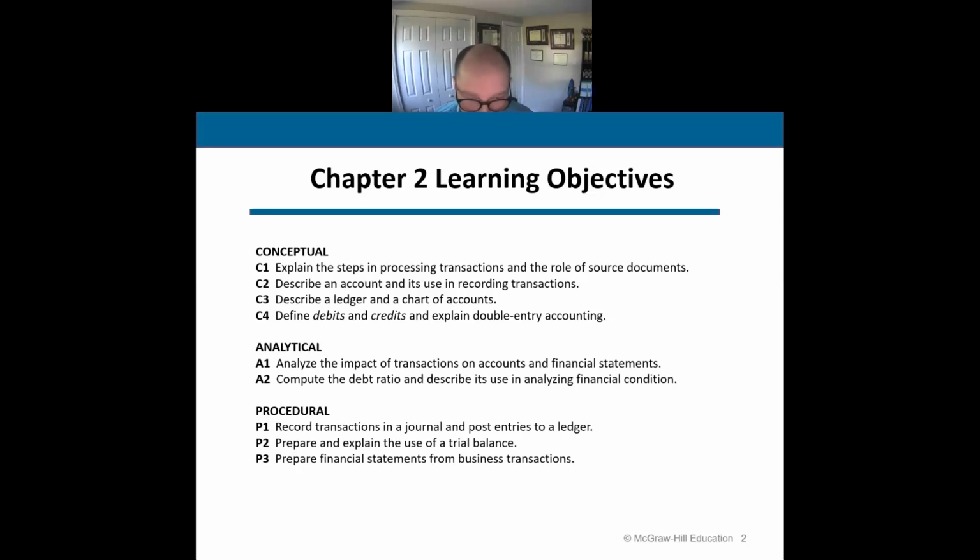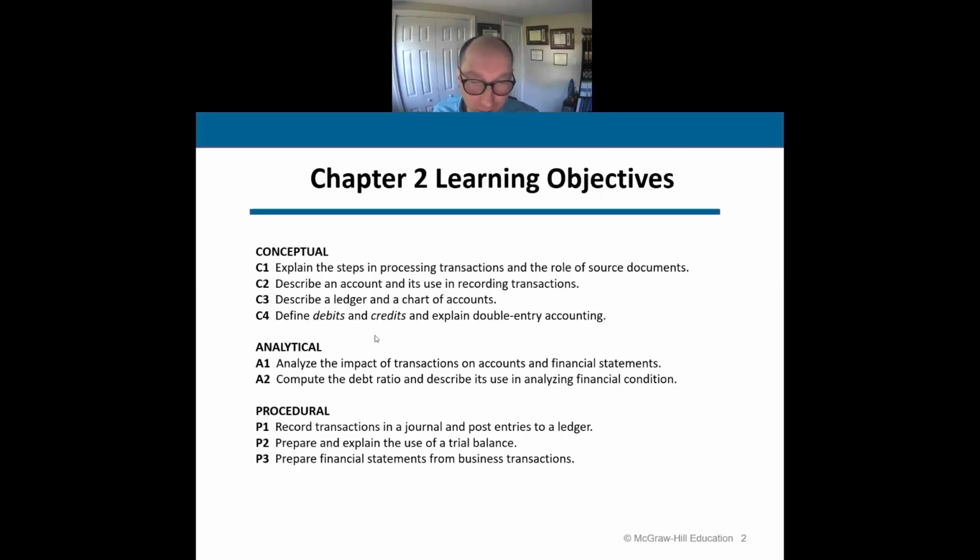And equity, which is the difference between assets and liabilities, which represents ownership, includes things like common stock, preferred stock, dividends, retained earnings, things like that, right? It's the difference.